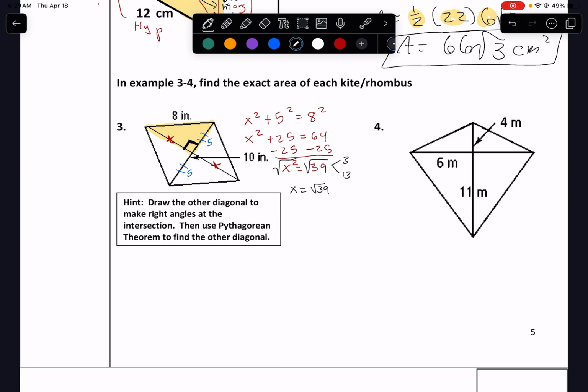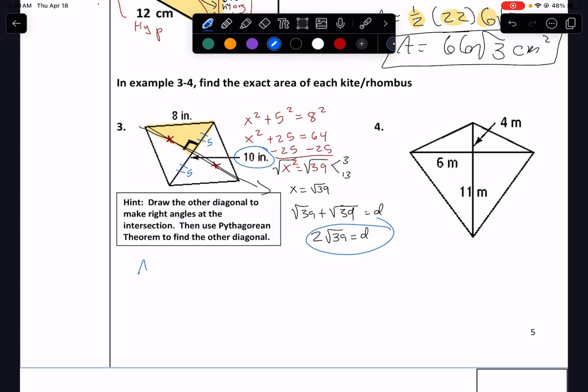Obviously this one's not super pretty and clean, but we can keep carrying on with it. The diagonal that those are on is going to be the square root of 39 plus the square root of 39, so it'll be 2 square roots of 39. And then our other diagonal is 10.